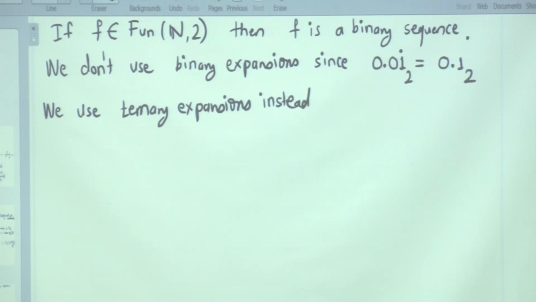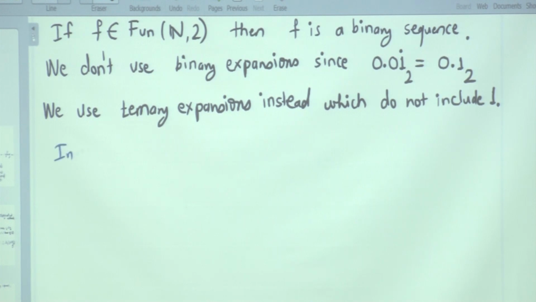So what are ternary expansions? What digits can we use? 0, 1, 2, which do not include 1. Okay, so in ternary expansion also, let me write it.